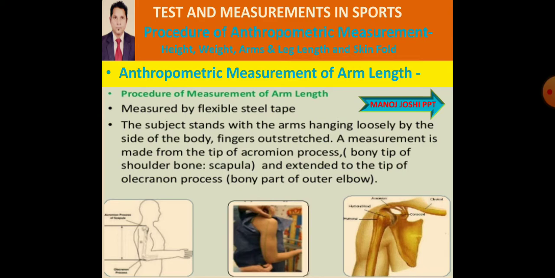A measurement is made from the tip of the acromion process, the bony tip of the shoulder bone, the scapula, to the tip of the finger. And extended to the tip of the olecranon process, the bony part of the outer elbow.